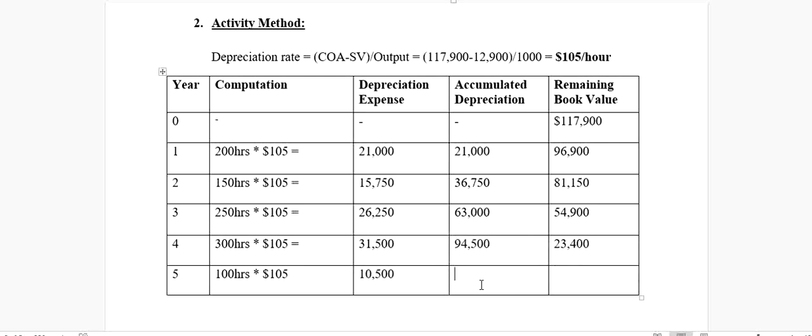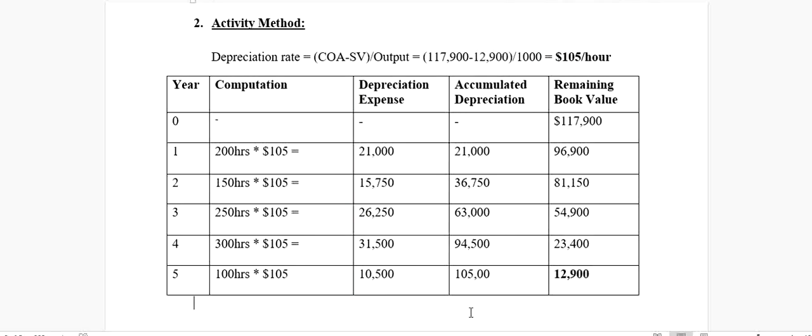So it will give us a value of $1,05,000, while our remaining book value would be $12,900, which we got by subtracting $10,500 from $23,400. So ladies and gentlemen, if you see, $12,900 was actually our salvage value also.